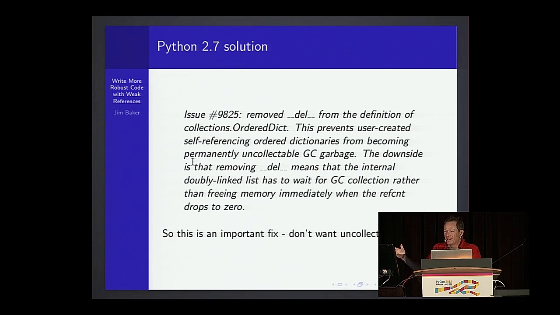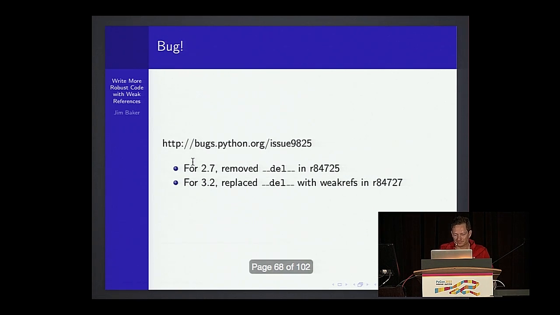We had to remove __del__ from the definition of OrderedDict because this prevents user-created self-referencing ordered dictionaries from becoming permanently uncollectible GC garbage, and potentially also having strong references to other things, which could be problematic. Don't want uncollectible garbage.